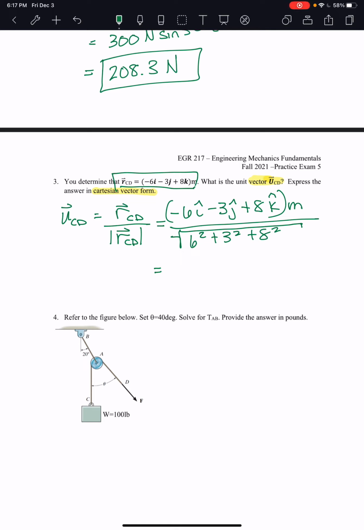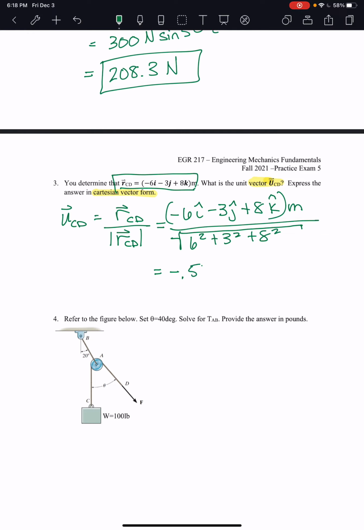So I'll do a quick calculation. That gives us negative 0.75i. iPad's not working well.